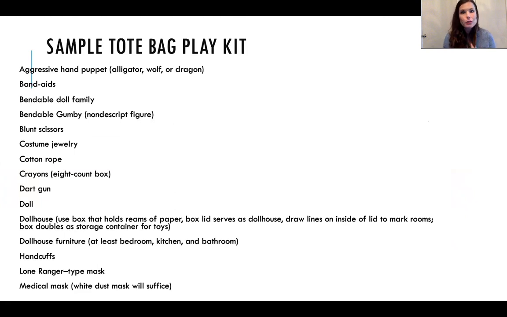So a sample tote bag kit could have an aggressive hand puppet like an alligator, wolf, or dragon, Band-Aids, bendable doll family, bendable Gumby, blunt scissors, costume jewelry, cotton rope, crayons, dart gun, dollhouse. You can make your own dollhouse. And dollhouse furniture, handcuffs, and Lone Ranger type mask, and a medical mask.